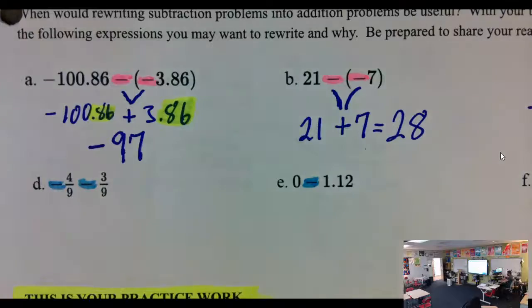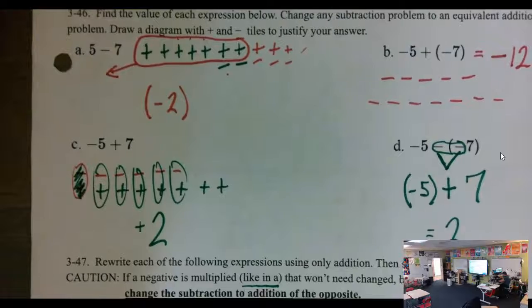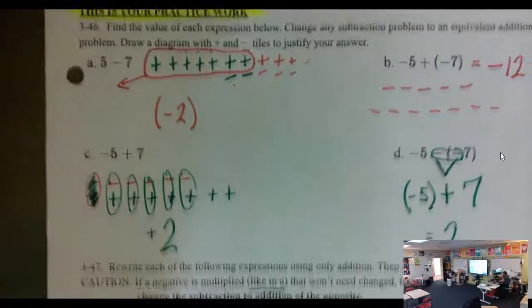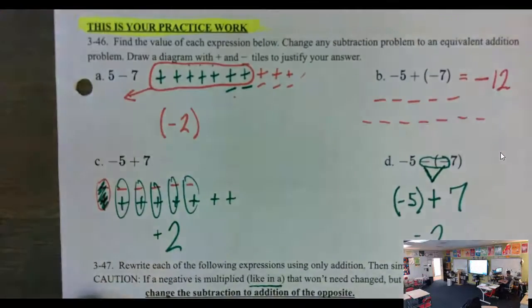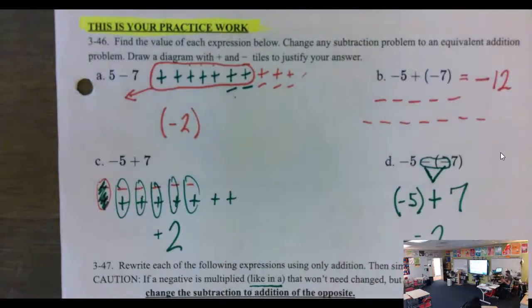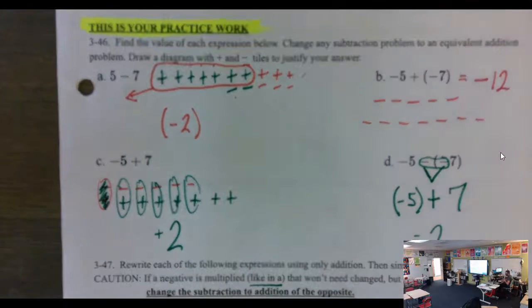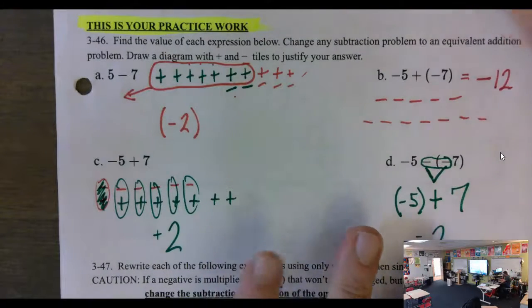So down in 47, I've already done it once, but I'm going to do it again. And actually, we could do the same thing in 46, really. The technique they're having us do in 47 is change the subtraction into addition of the opposite, which is actually what we did up in 43.